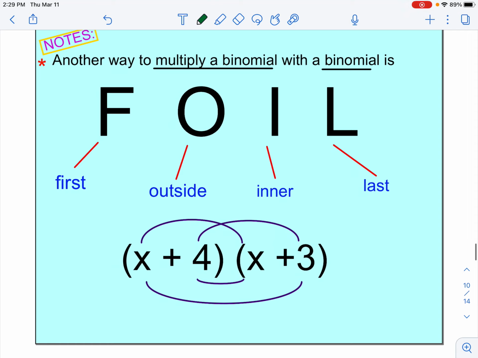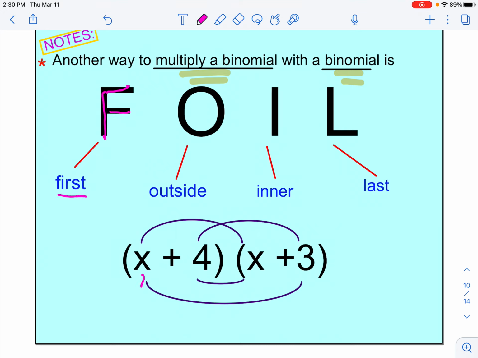A third way to think about this is something called FOIL. Okay, so again, another way to multiply a binomial times a binomial, okay? And it's just really the same thing as doing the distributive property twice. It's just a way to remember to do it, which is FOIL. So what we can think of with FOIL is we can think about our F in FOIL is for our first 2 terms.